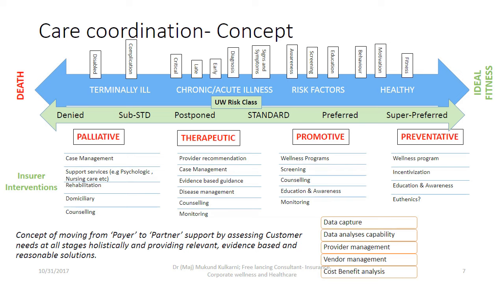It is also important for the insurance company, and it will benefit them if they invest a little bit in interventions at this stage to help people move more to the right side rather than moving to the left side.